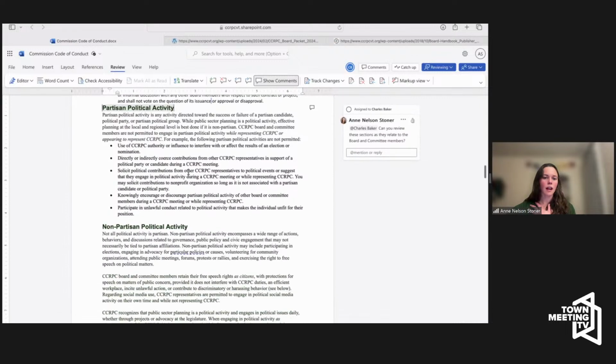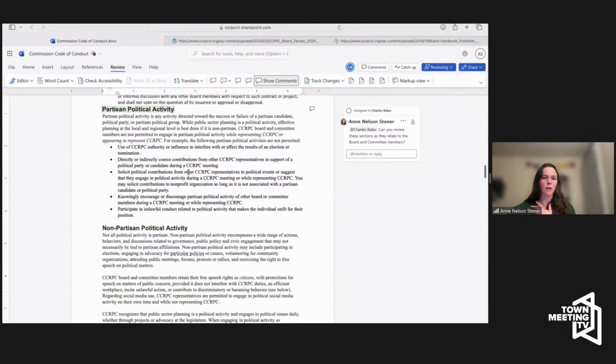Next in this section, I have a note on partisan political activity and nonpartisan political activity. Both of these are new sections as well, and I think are deserving of clarity. CCRPC staff members, because we're public employees, are covered under the Hatch Act, which protects civil servants from participating in partisan political activity while at work or representing the organization.